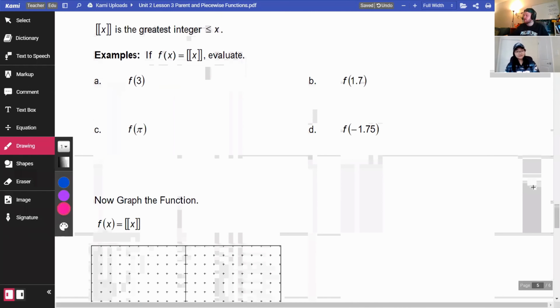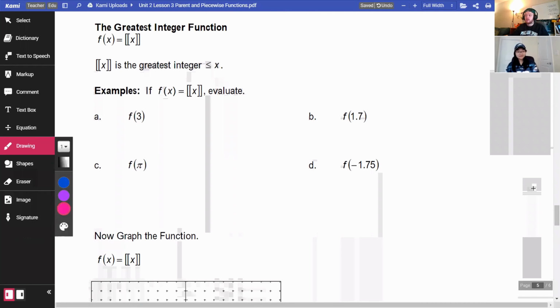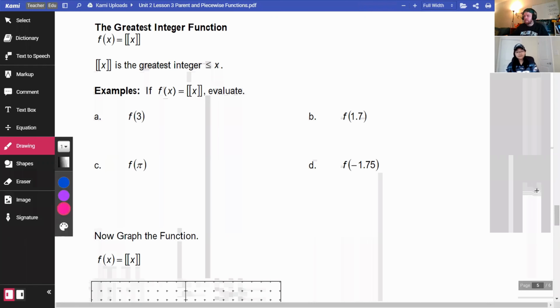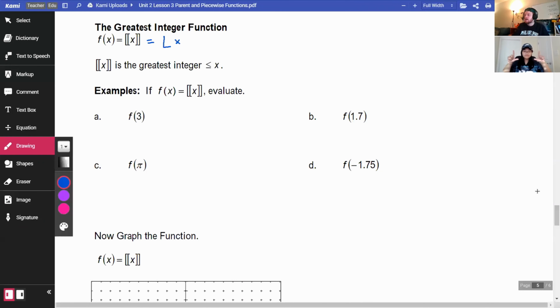We got one last function for you. All right, this one may be review for computer science kids, but this is called the greatest integer function. Okay? You might often see it look like this, the little floor brackets.